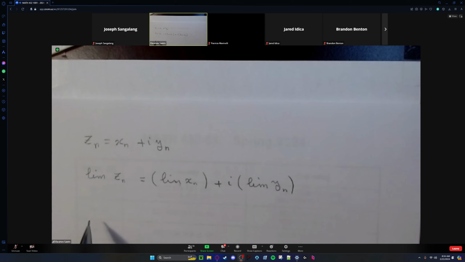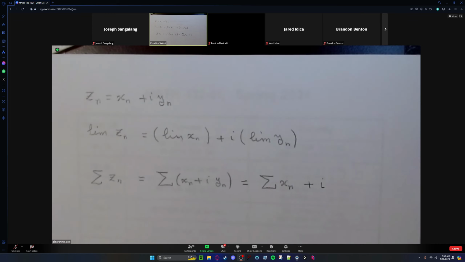A series of complex numbers Zn, which is xn plus i times the imaginary part, is the same as the series of the real part plus i times the series of the imaginary part, all right?